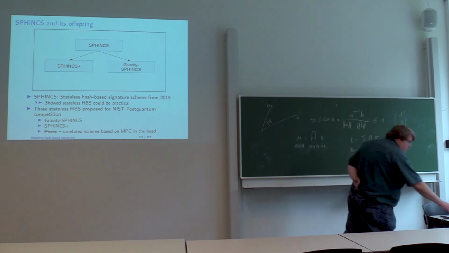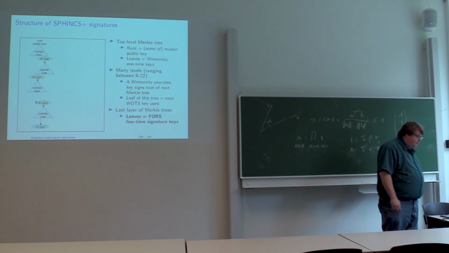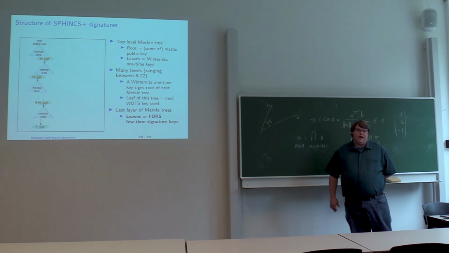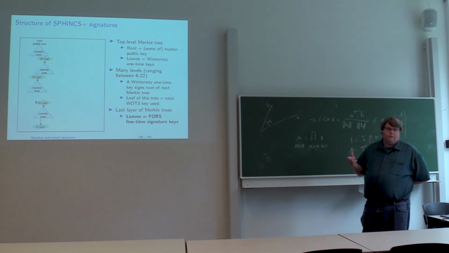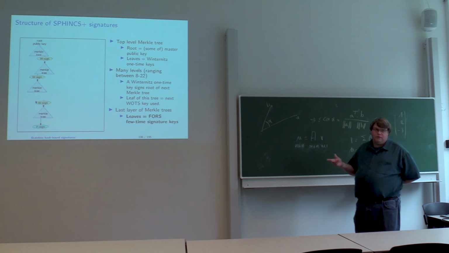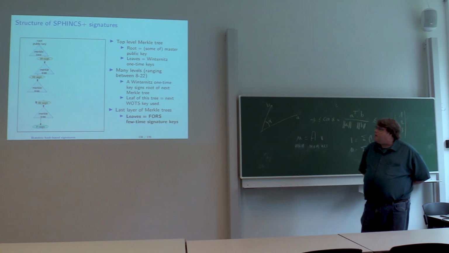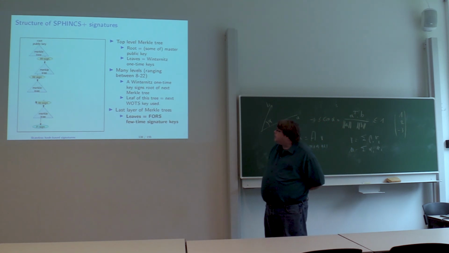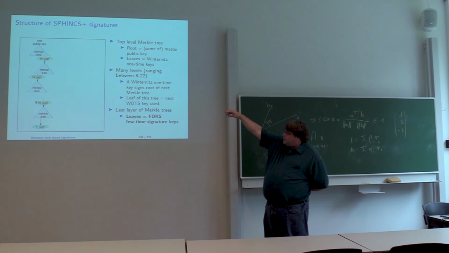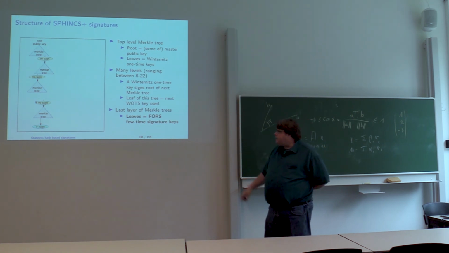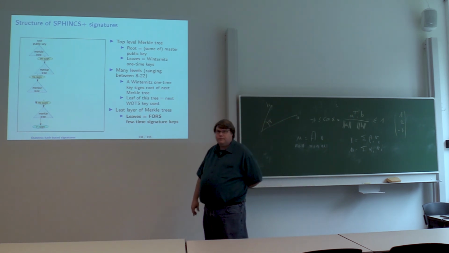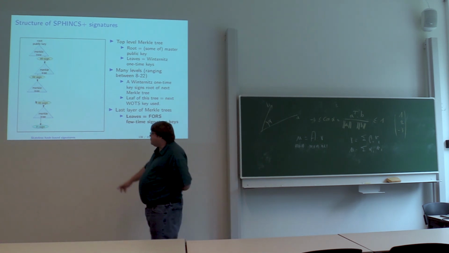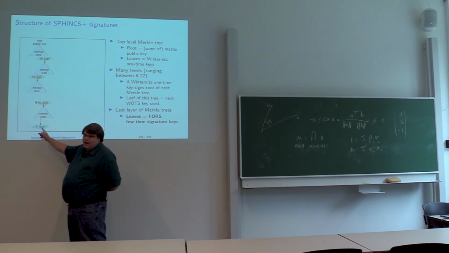Okay. So I'm going to talk mainly about Sphinx Plus, because Sphinx Plus is one of the things that made it to round 2. Gravity Sphinx didn't. The basic idea here, though, is we have a top-level Merkle tree. We're doing the one-time signatures, but we're adding one extra thing we didn't have in the previous schemes, which is few-time signatures at the end.